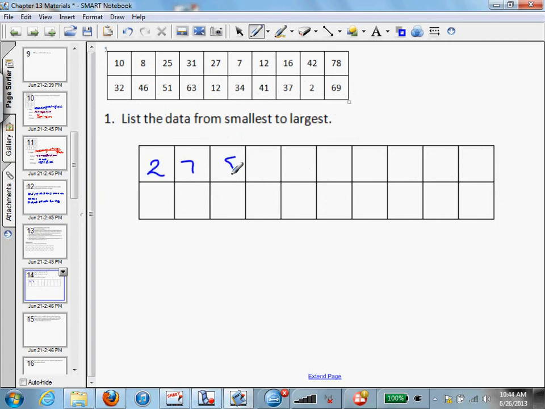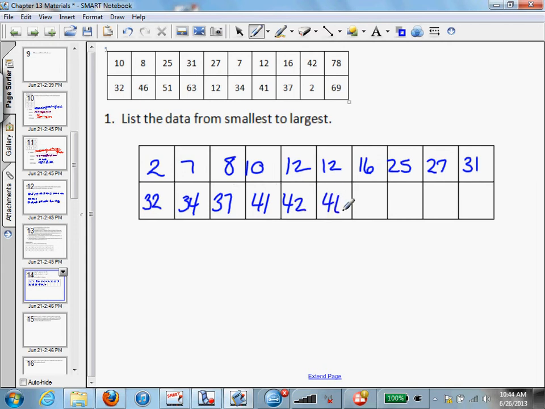So we have 2, 7, 8, 10, 12, 12, 16, 25, 27, 31, 32, 34, 37, 41, 42, 46, 51, 63, 69, and 78.